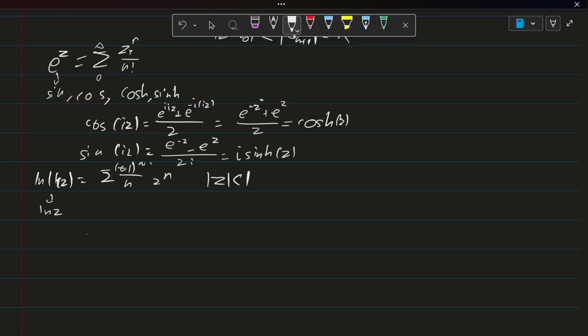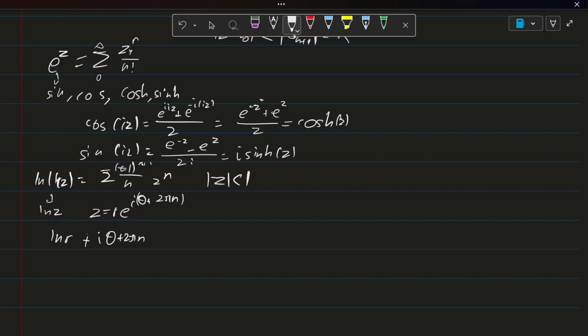To talk about the natural log of z, we could express z equals r e to the power i theta plus 2 pi n. Now this has to be written as natural log of r plus i times theta plus 2 pi n. This is inevitable because we're expressing this in terms of an exponential.